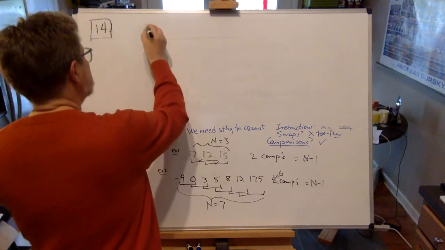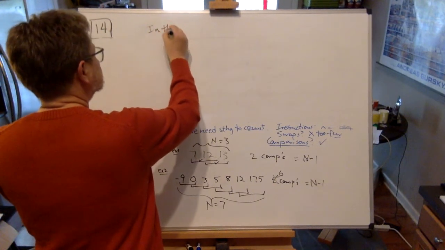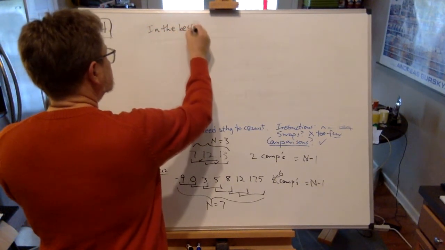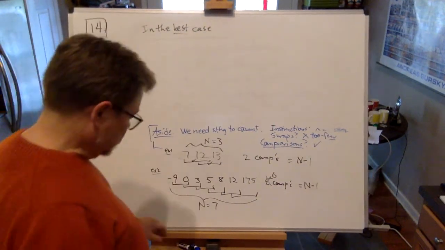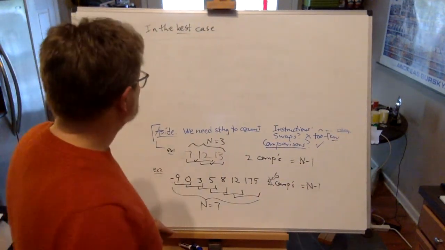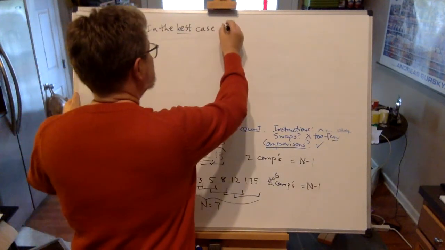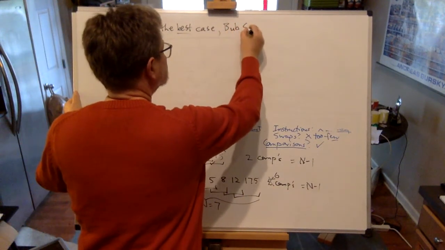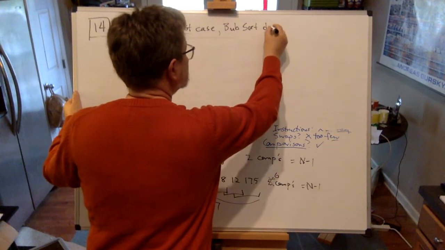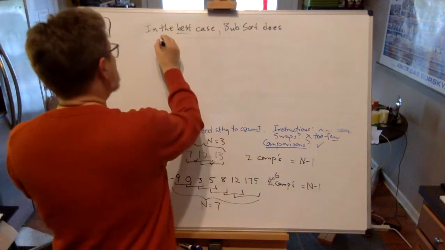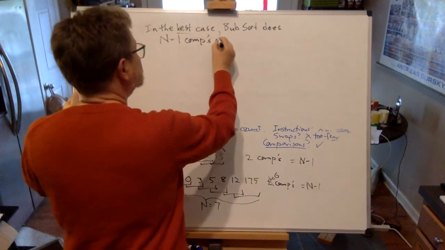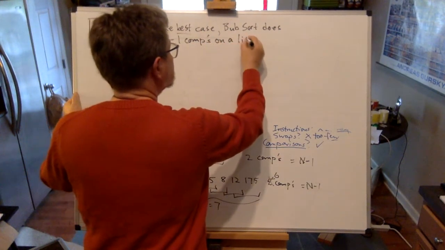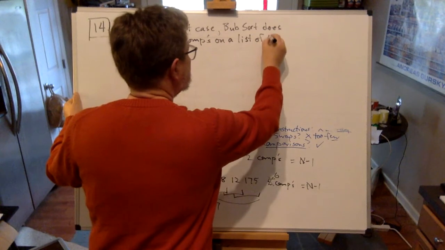In the best case, whoops, hope I didn't knock it out of focus. In the best case, bubble sort does n minus 1 comparisons on a list of n elements.